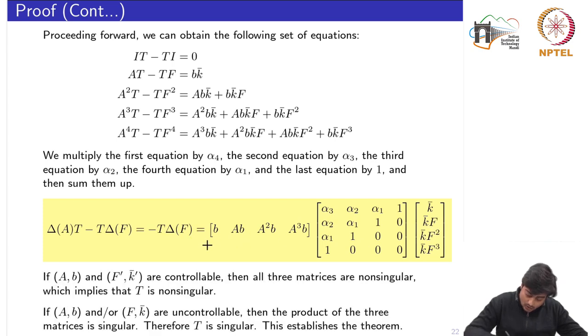So in that case, all these matrices, this and this matrix, are non-singular matrices. So T would definitely be a non-singular matrix, and this only happens if the matrix A and the matrix F have no common eigenvalues. Now, if either of the pair is uncontrollable, then your T matrix would be a singular matrix. So this establishes the if and only if condition. Okay.